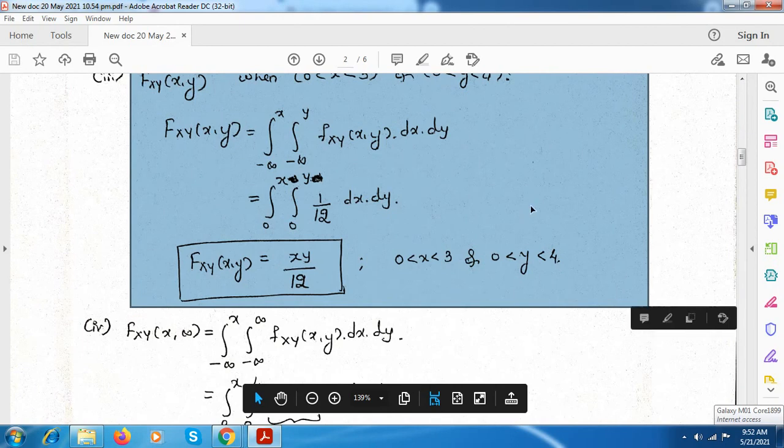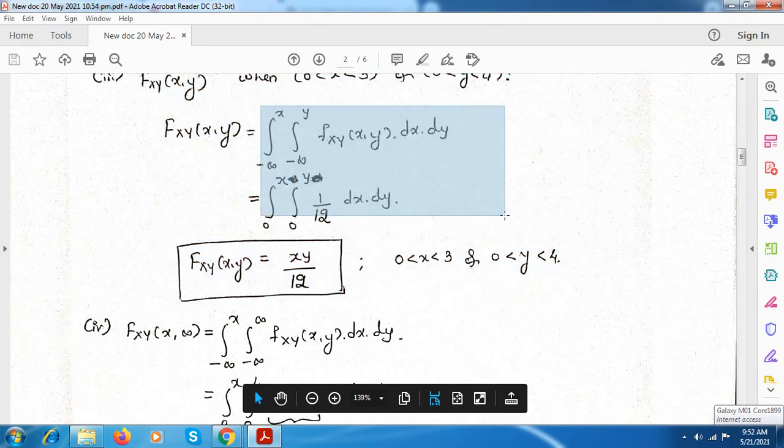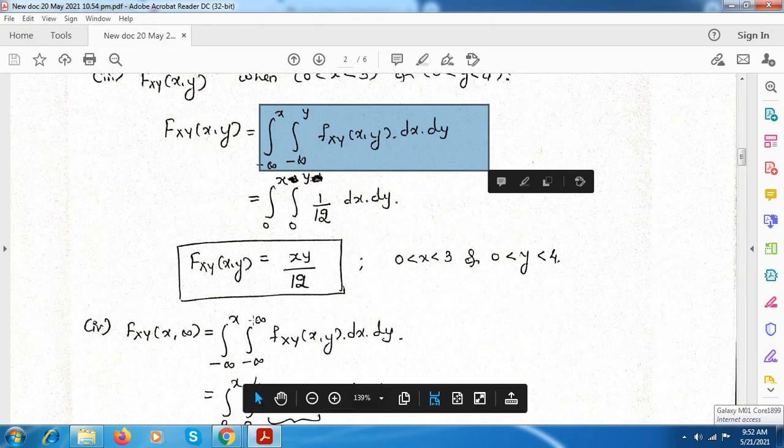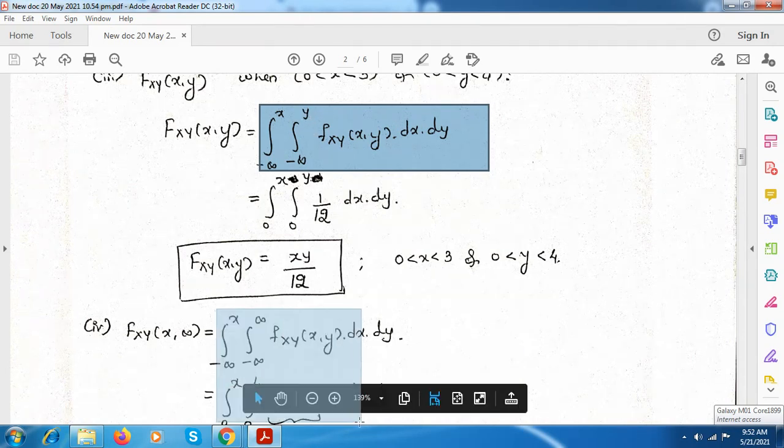Here also it is the same equation that was considered before, but instead of y we have y is equal to infinity in this equation.